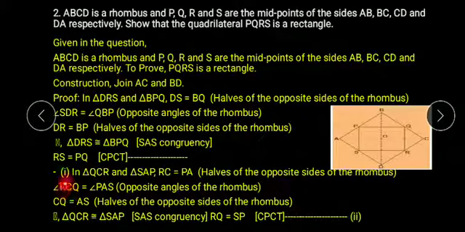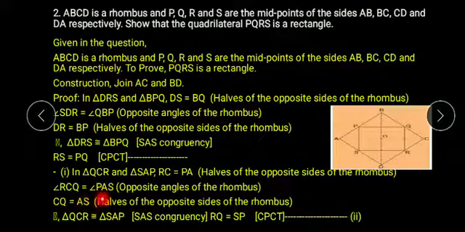So now again we'll take triangle QCR and triangle APS. Same thing, we'll get RC equal to PA. Angle RCQ equal to angle PAS, opposite angles of a rhombus are equal.